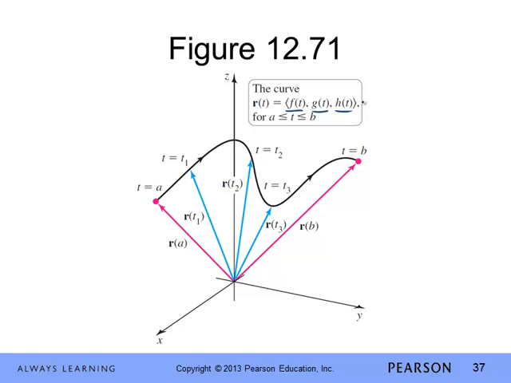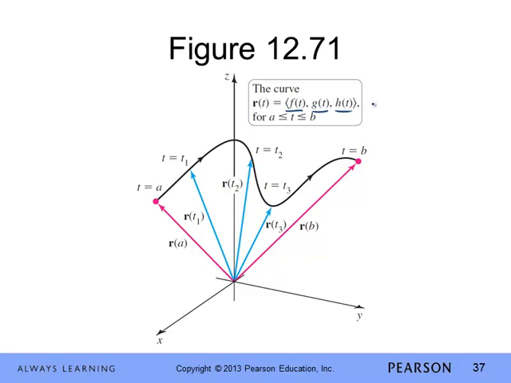So the domain will basically be, well, look at the domain for f, look at the domain for g, and look at the domain for h. And then the domain for R overall will be the intersection of the domains for each of the 3.